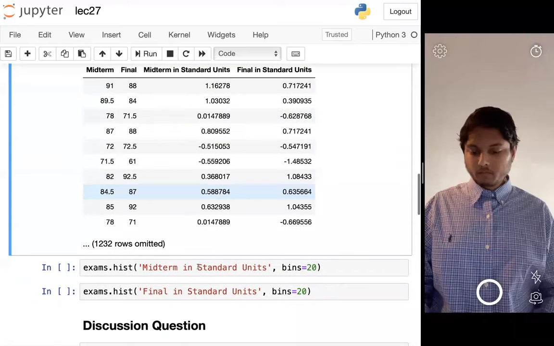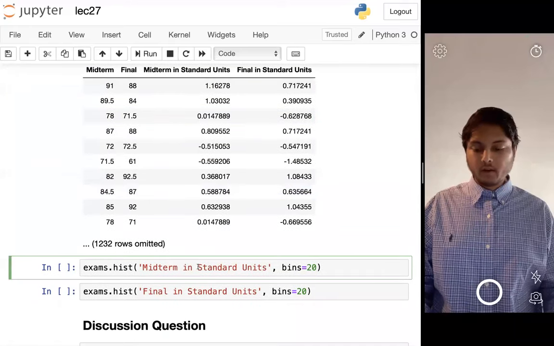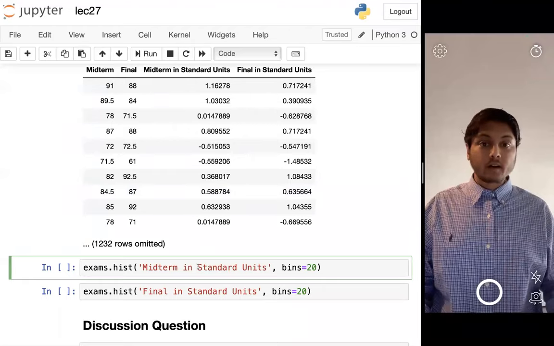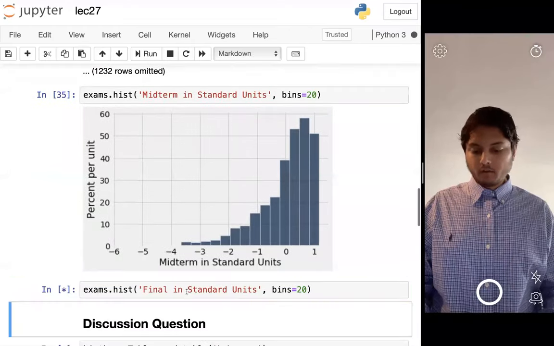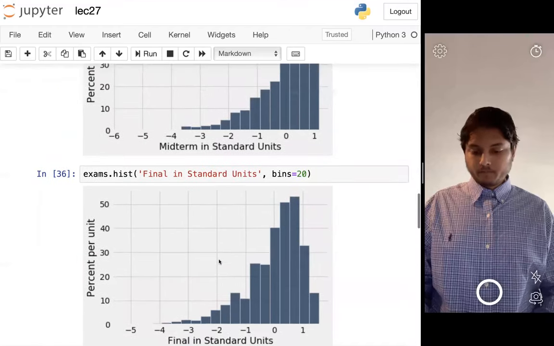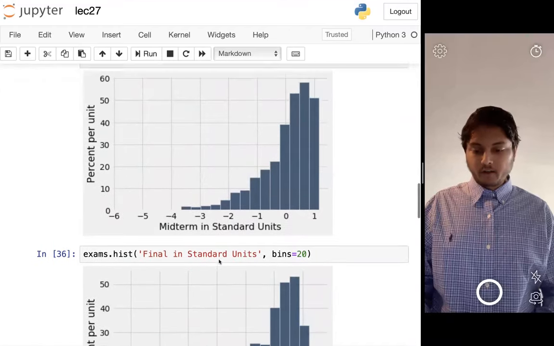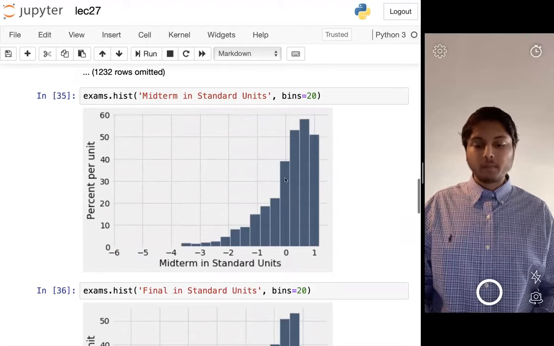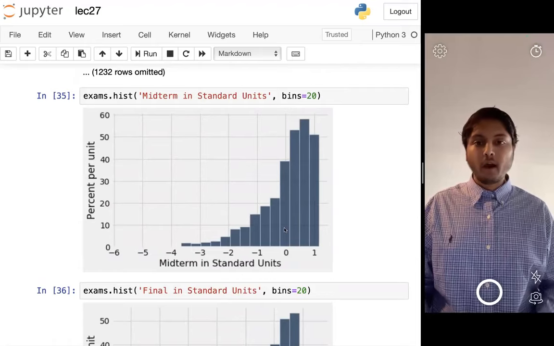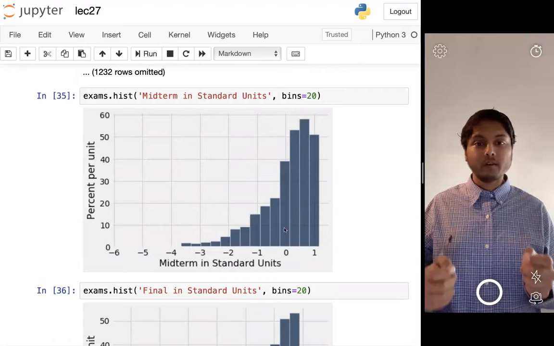And so we can also now look at a histogram of the midterm and final, but in standard units now, rather than the original ones. Now if we look here at the midterm, the 0 corresponds to the mean. That's where the average is. When we have it in standard units, we can really easily see things right away.